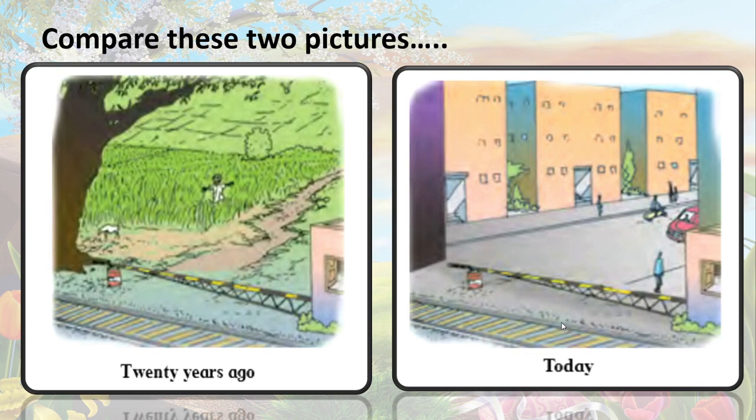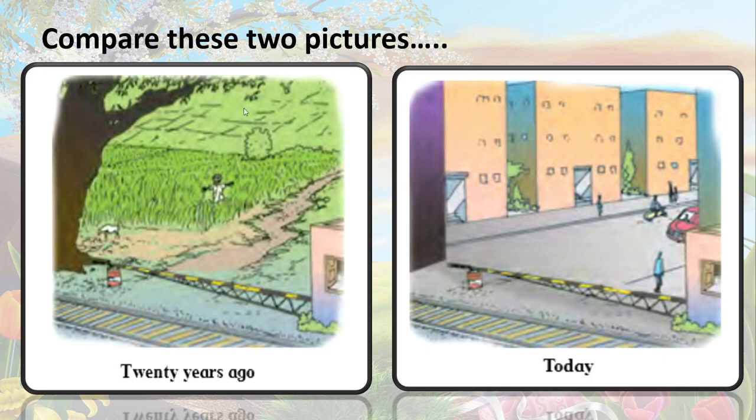Here also in this picture you can see the railway track and the crossing railway gate. Means these two are the same place, but this picture tells us about the condition of 20 years ago and this picture tells us about today's condition.